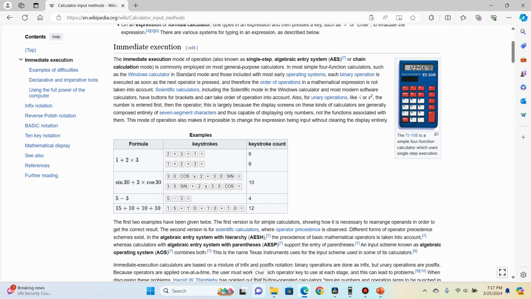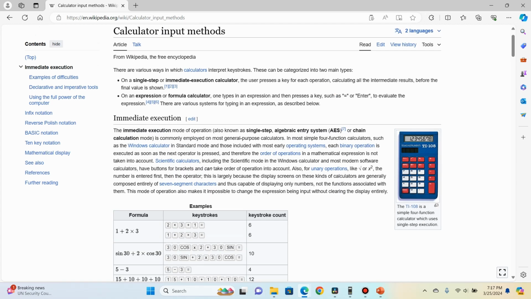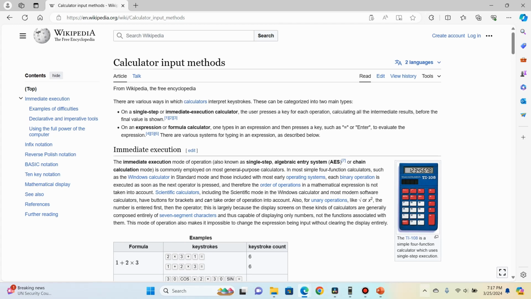And the problem is people don't necessarily understand how calculators work. There are different input methods for calculators. There are single step or immediate execution type calculators, where the user presses a key for each operation, and it calculates all the intermediate results before the final value is shown.